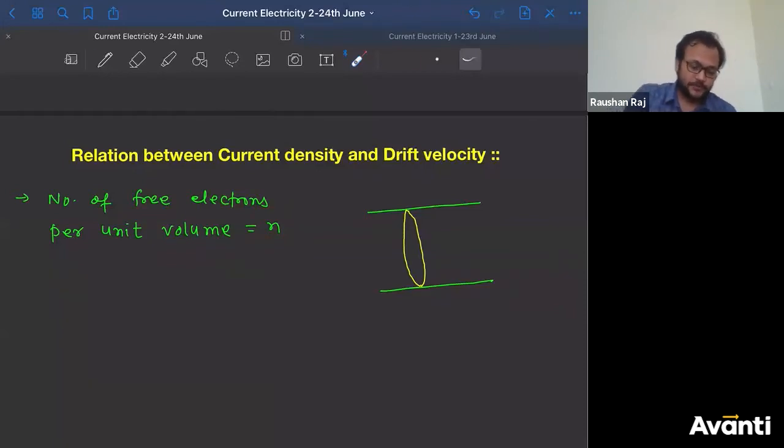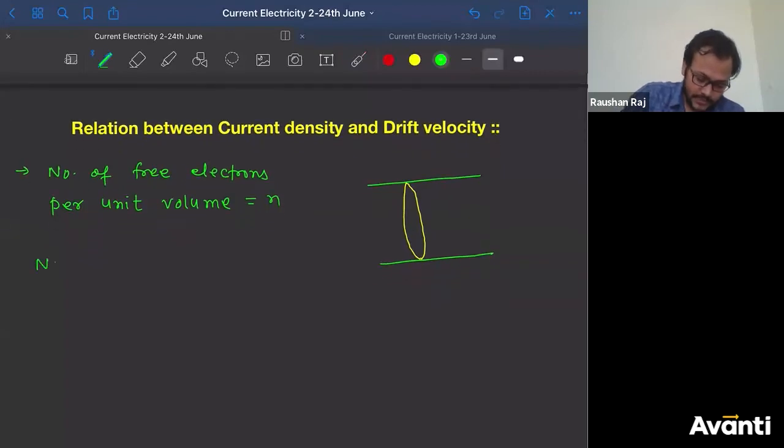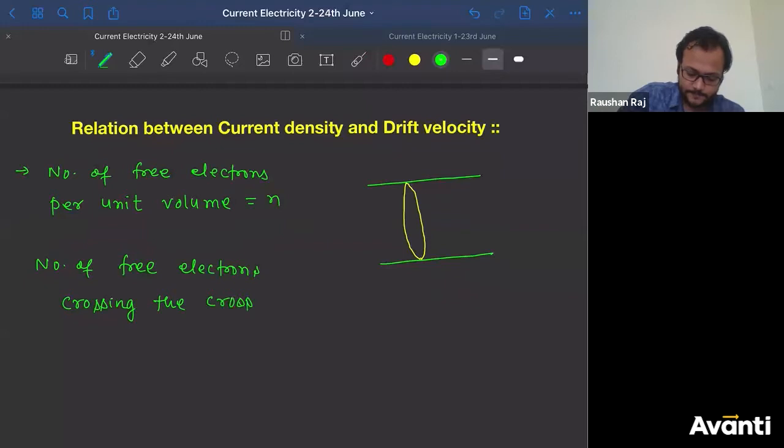Now, if I ask you to find out the number of free electrons crossing this cross section in dt time, tell me what will be the answer.